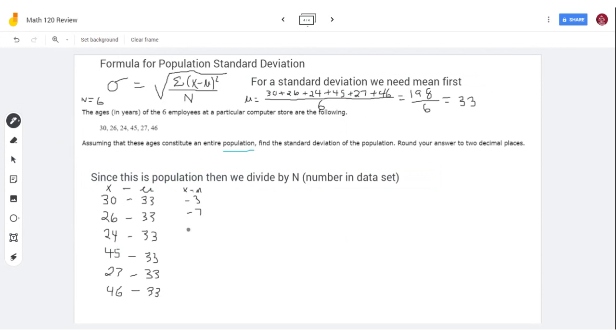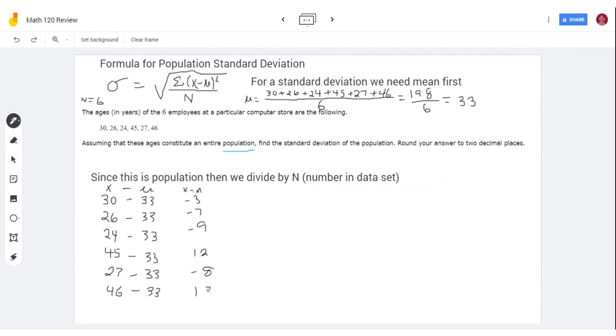This is negative 9. This is positive 12. This one is negative 8. And this one's 13. Now make sure I got all those right, because if we don't, well, here's how you can tell.